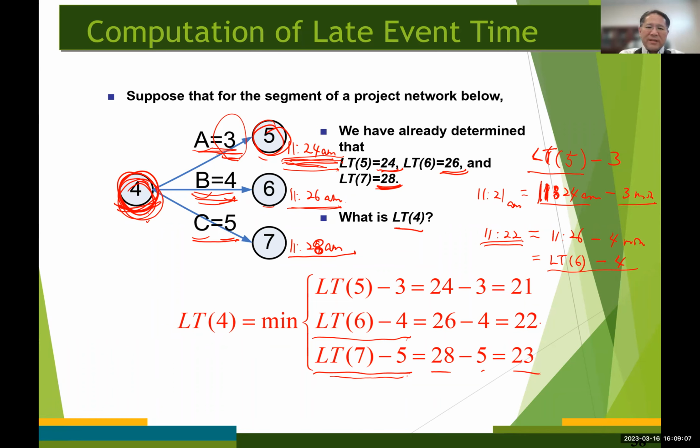So the latest time that node number 4 can occur has to be the minimum among these 3 different values, which is 21. So here, the latest time for event number 4 should be 21, okay?